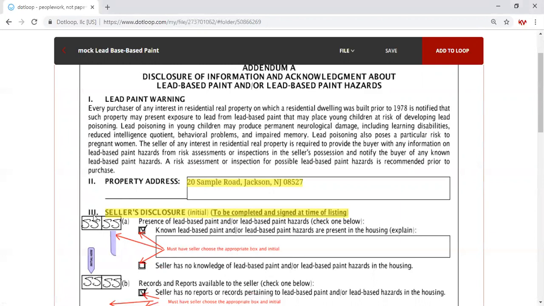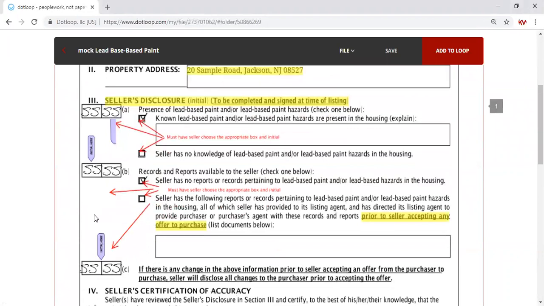Item number 3, there are 3 places where the seller needs to disclose information. You see Sally Seller and Sam Seller have both initialed those 2 lines in item 3A.